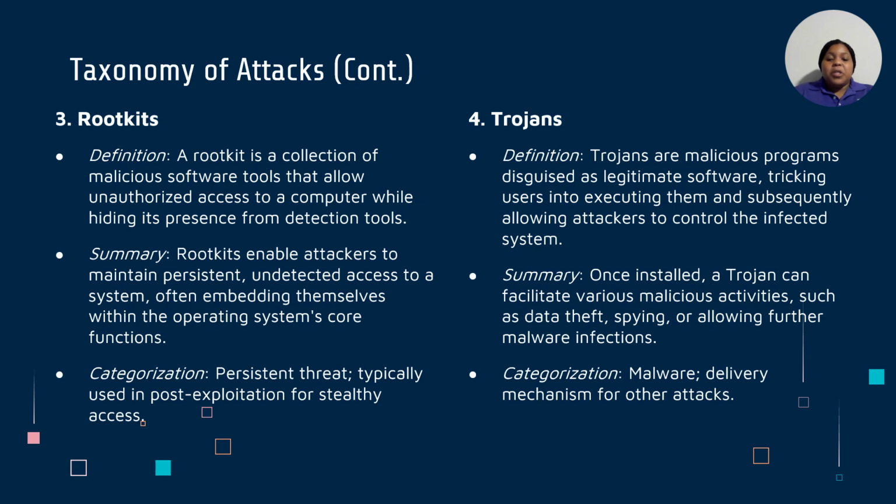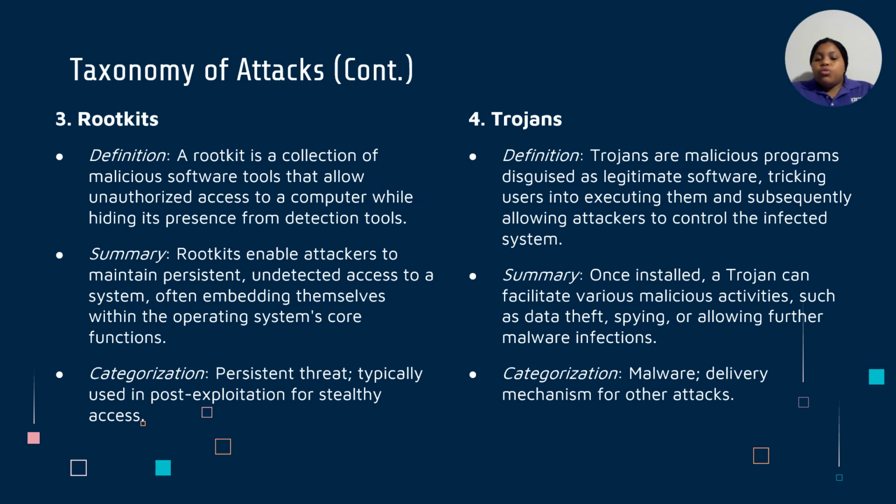It's like they're in stealth mode doing all the bad things on our network without us seeing it until it's too late. So we want to be careful of these. The category for rootkits is a persistent threat, typically used in post-exploitation for stealthy access.